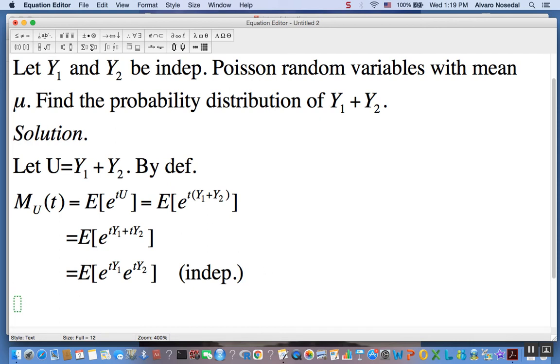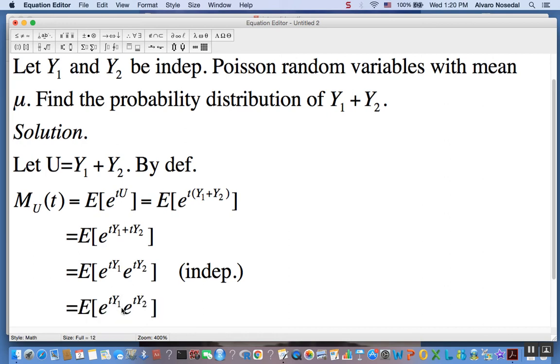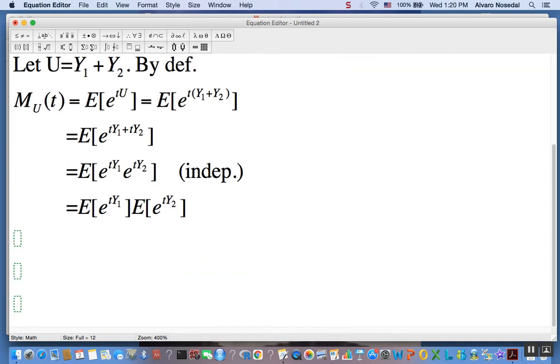Okay, they inherit the independence of y1 and y2. So bottom line, that is going to help us express the expected value of that product as a product of expected values, right? And when we see that expected value, we go, oh, well, that's by definition the MGF of y1, right? So this is by definition MGF of y1.